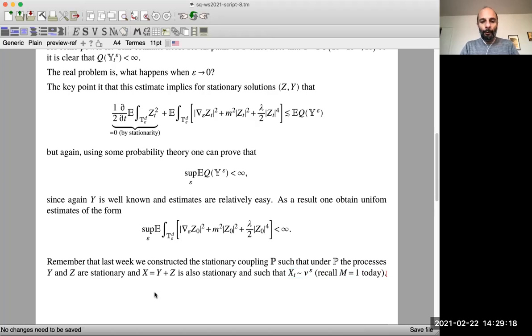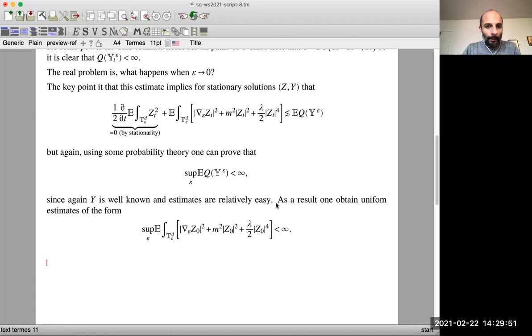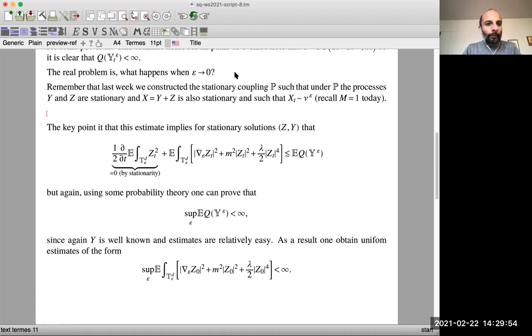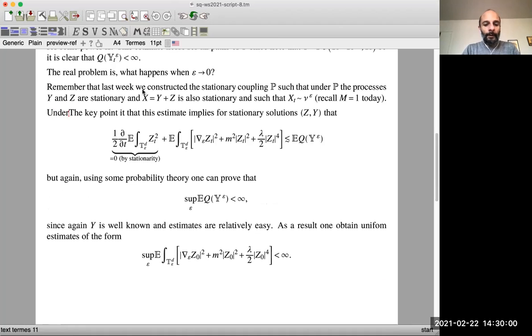Okay, so we had this property, we constructed this coupling. If it's unique or not, I don't care, okay? There is no problem of uniqueness at this level. I'm worried about estimates. So when you estimate something, you don't worry if it's unique. For anything that solves the equation, I can do these computations, okay? It's enough that I have a stationary coupling, so actually I put it before, because I can use this stationary coupling.